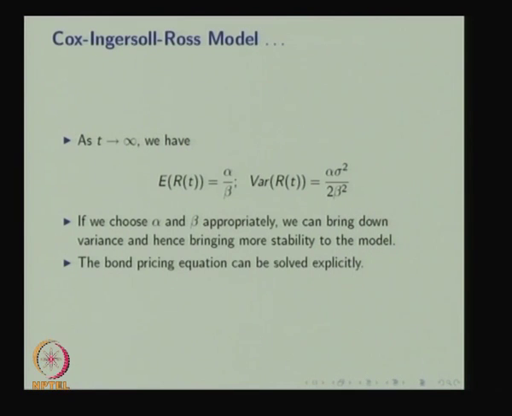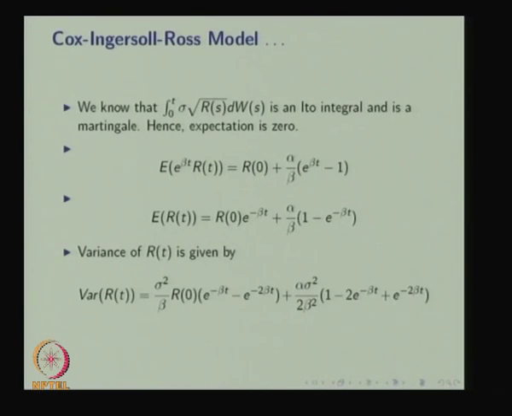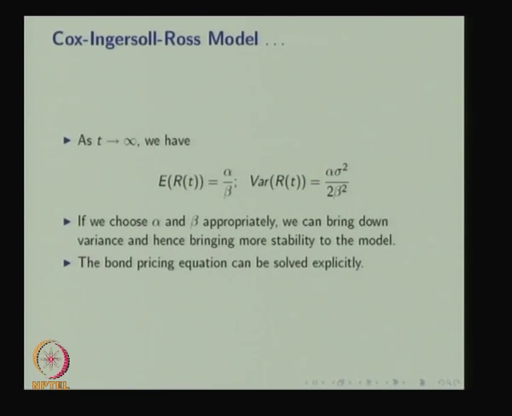Similarly, you can find the variance of R of t: as t tends to infinity, with R of 0 equal to 0, you will get alpha times sigma squared by 2 beta squared. So this is the asymptotic behavior of R of t with the assumption R of 0 is equal to 0.